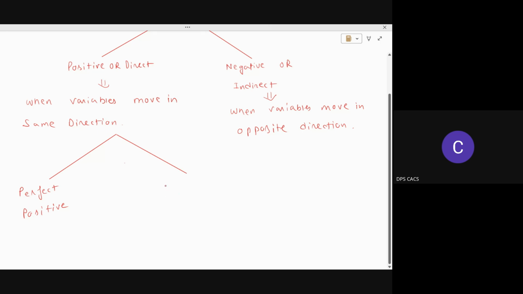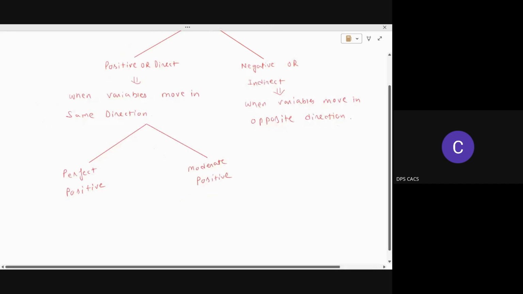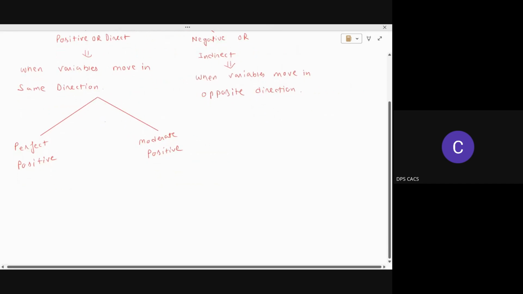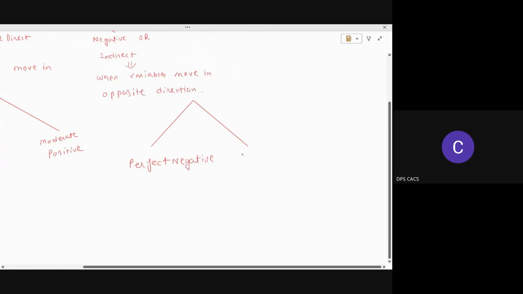Another one is moderate positive correlation. Similarly, we have 2 divisions in negative correlation as well: perfect negative, and the next one is moderate negative.